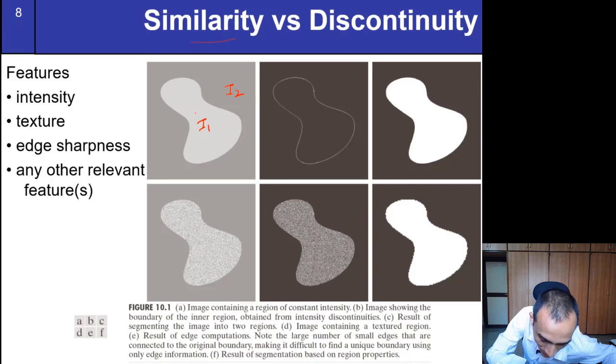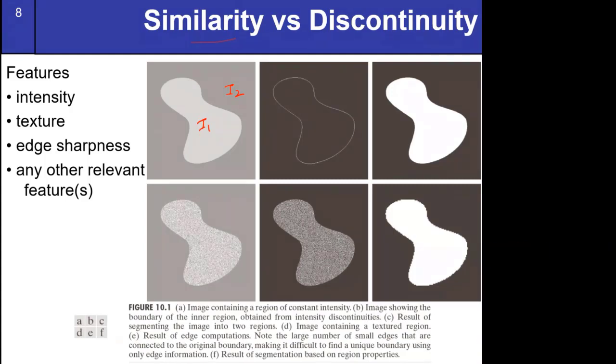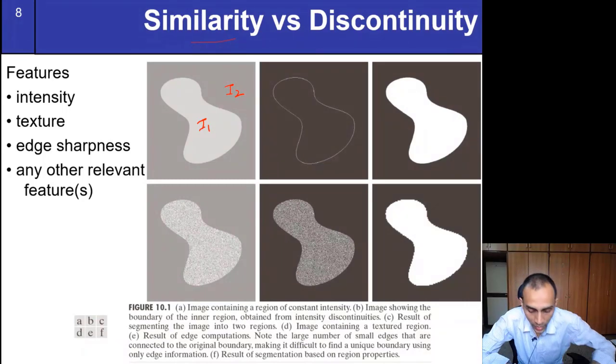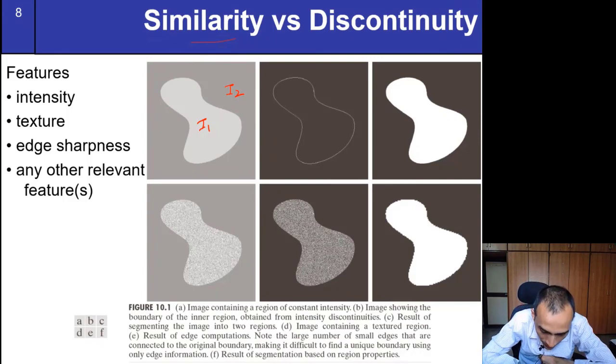In that way you can categorize your two different regions, and once you categorize the regions, you can also draw the boundary.